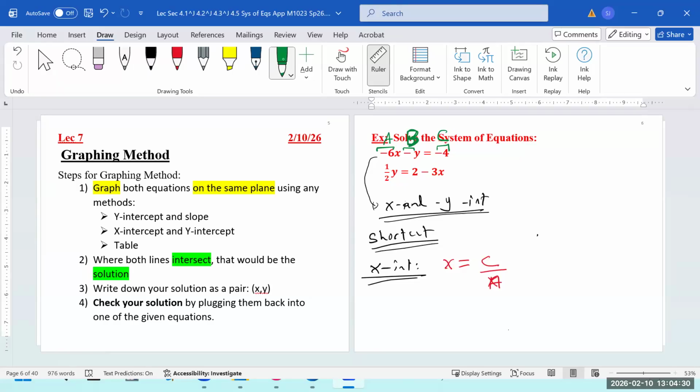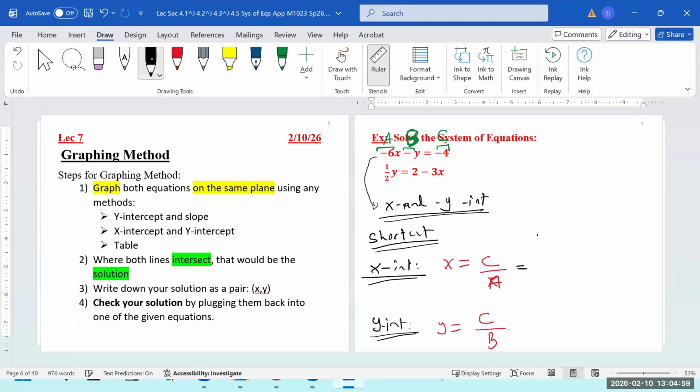So to get the x-intercept, you divide the constant by the coefficient for the x, which is a. And to find the y-intercept, y equals, you take the same c, but this time you divide by the coefficient for the y, which is b. And this is a shortcut.